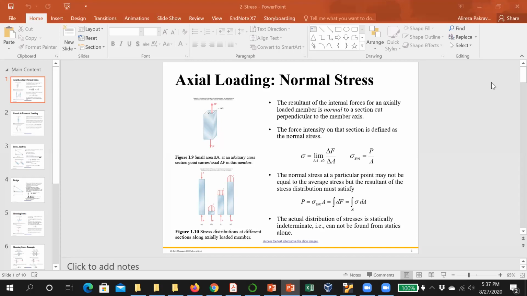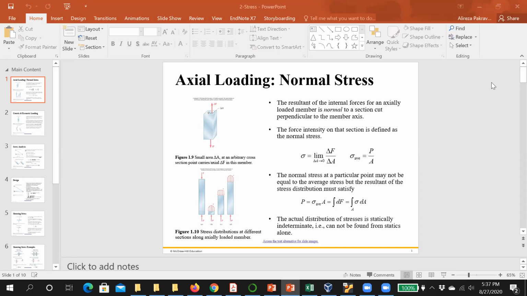We also need to know about the cross section and the material. Once we apply the axial force on both sides, the force goes to the cross section and distributes over it.